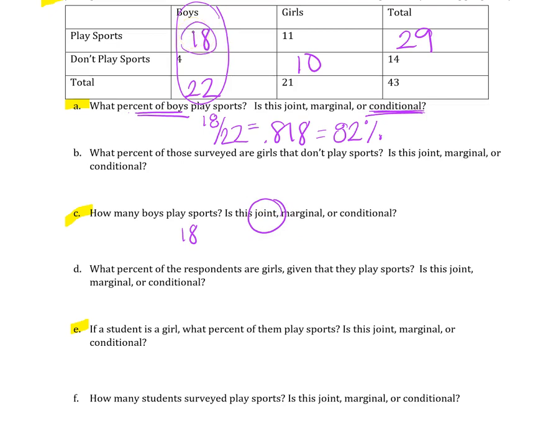If it was a joint probability, I would phrase the question as, what's the probability of randomly selecting a student, so that's out of the whole 43, and they're a boy that plays sports? Then it would be 18 out of 43, and that's what's considered a joint probability. In this case, it just says how many, so it's looking for a number, not a probability. So that's why it's 18.